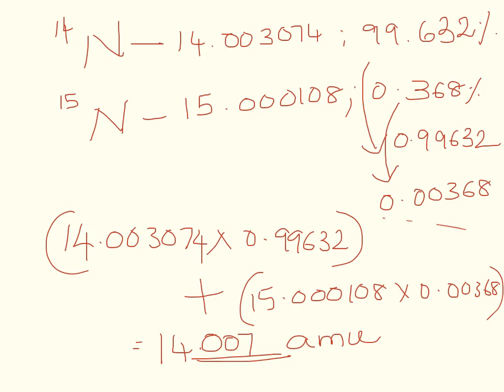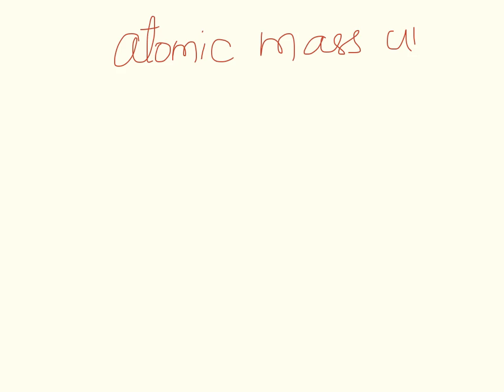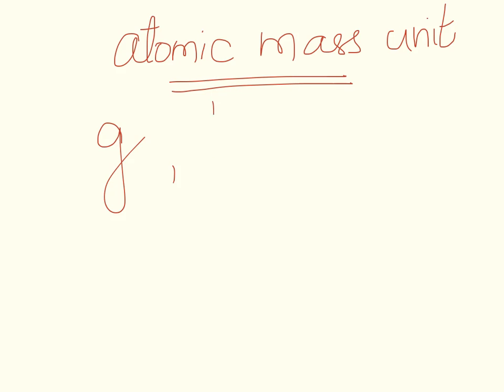I don't know if you've noticed this, but I have been using this unit AMU in this video quite a bit. What is this AMU? AMU is atomic mass unit. And this is a unit of mass, just like grams and kilograms, etc. It's a very small unit.